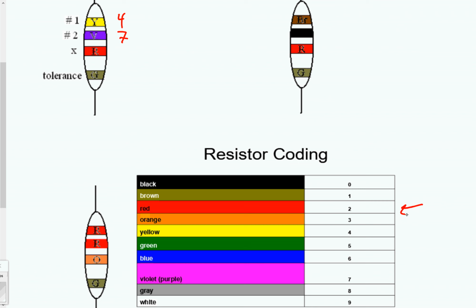The last band, band number 3, notice how I put a little X there. It's a multiplier band. So if it says multiply by 0, you don't actually multiply by 0. It just means there's no multiplier. So if this had a black band on it, there's no multiplier. Your answer would just be 47 ohms.